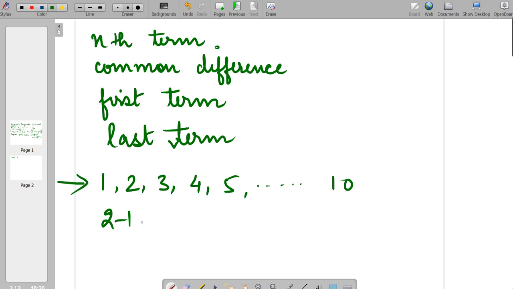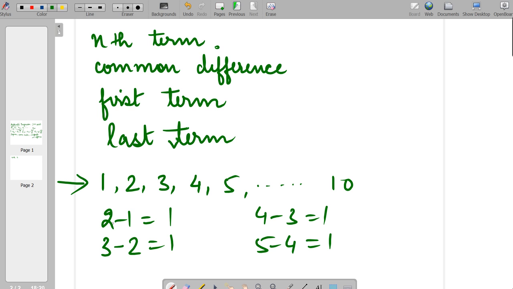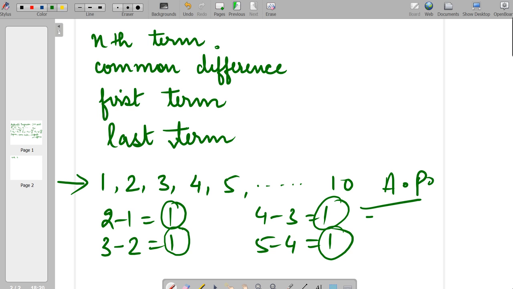Now 2 minus 1, what is the difference? 1. Now at the third place you have the value 3. So 3 minus 2, again 1. 4 minus 3, 1. 5 minus 4, 1. That means this 1, the value of the common difference, is constant. That means the given series is in AP. That is justified. This is done.